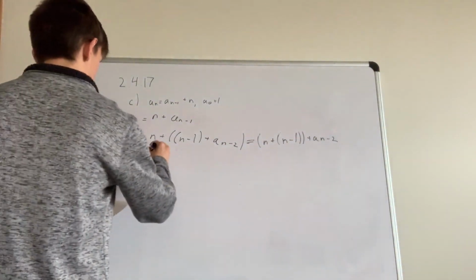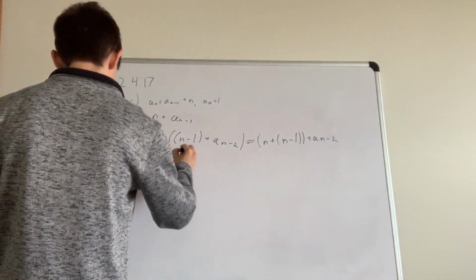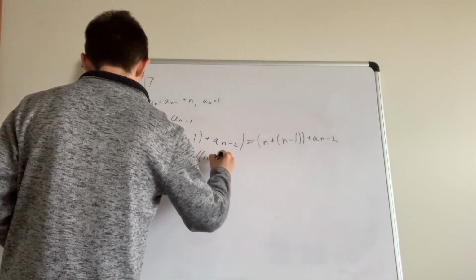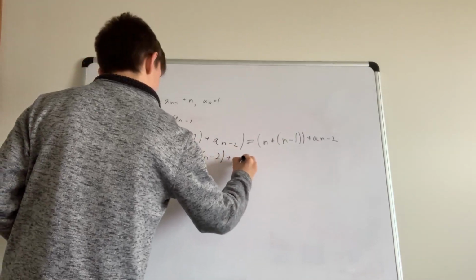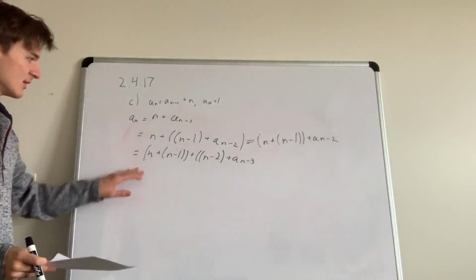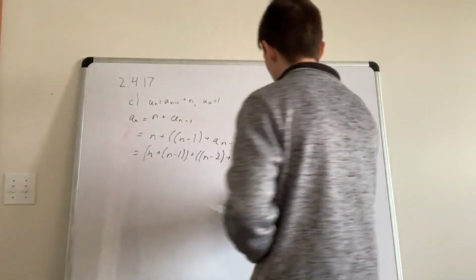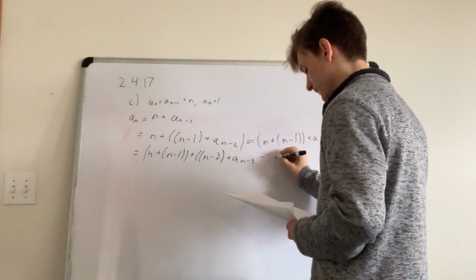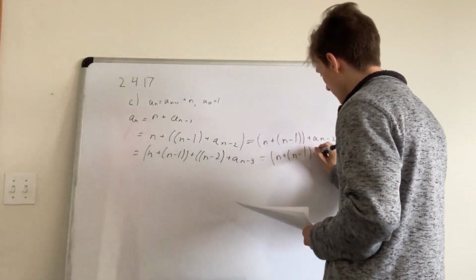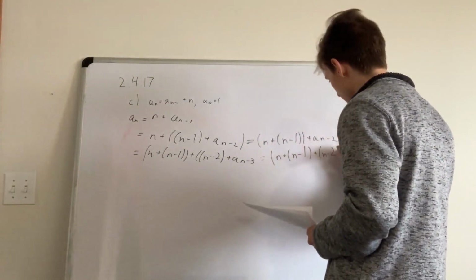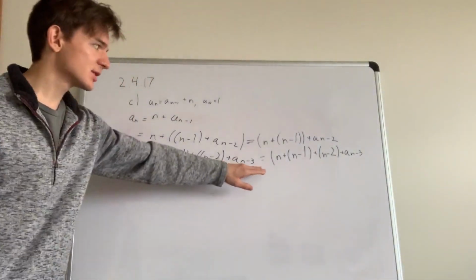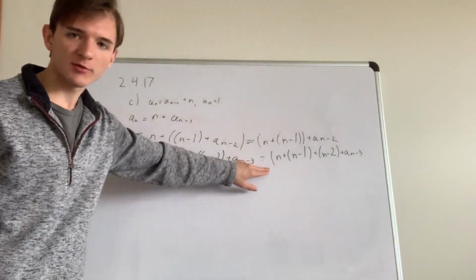Well, that looks like this. n plus n minus 1 plus n minus 2 plus a of n minus 3. Can everybody see that? Now, of course, this is the same as saying n plus n minus 1 plus n minus 2 plus a of n minus 3. So we can just see this simplifies to this formula over here.